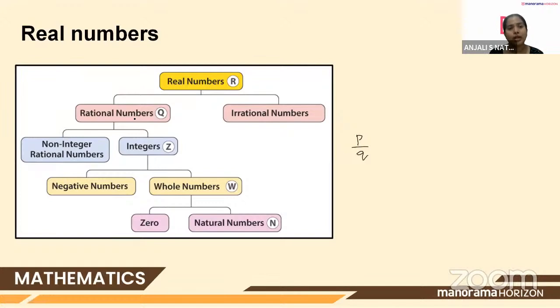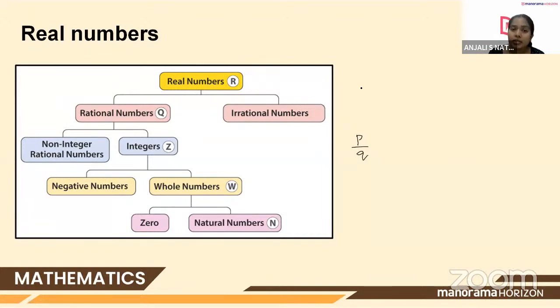They are the opposite of rational numbers. Irrational numbers we can't represent in p by q form or as a fraction. You studied all these things in smaller classes itself, so just revise it. So the numbers which can't be represented in p by q form or as a fraction are called irrational numbers.